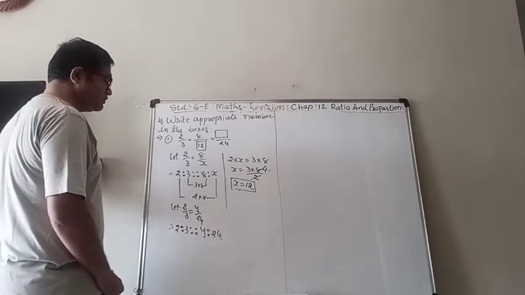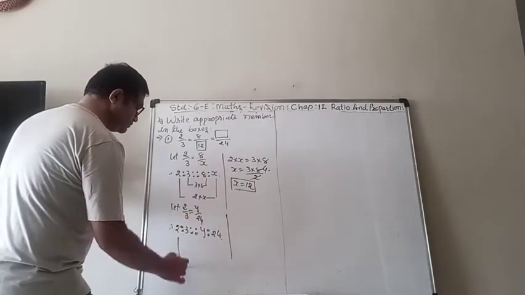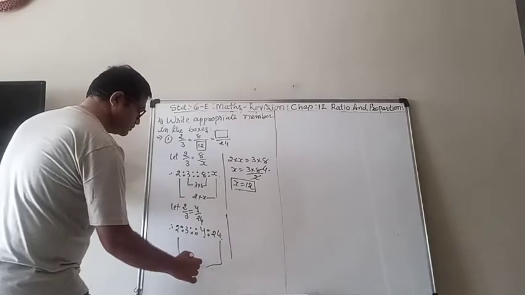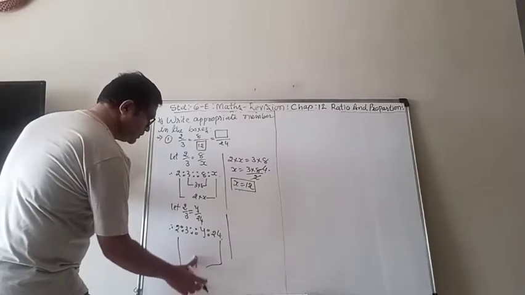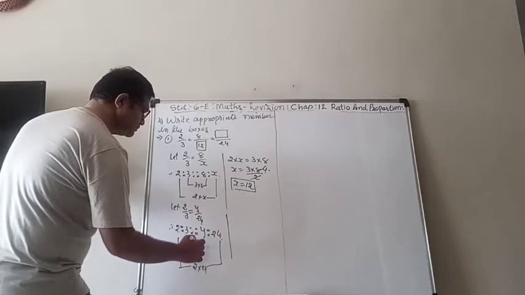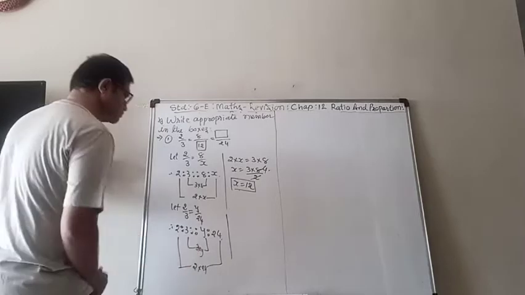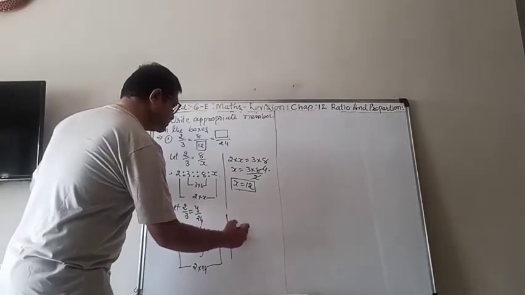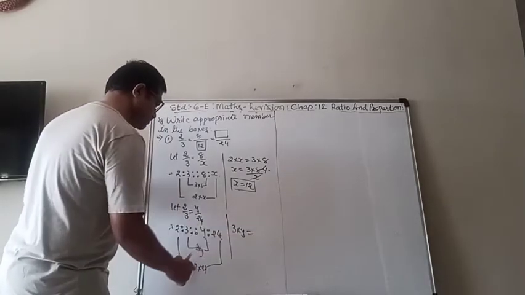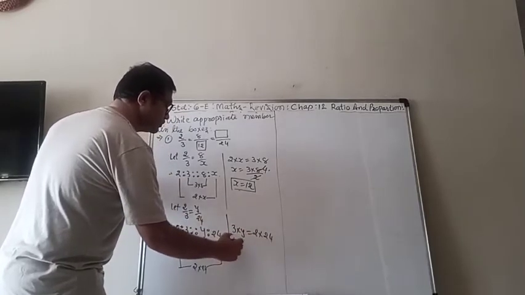So now here also we will do the same thing, that these are 2 multiplied by 24 and here 3 multiplied by y. So now 3 multiplied by y is equal to 2 multiplied by 24.